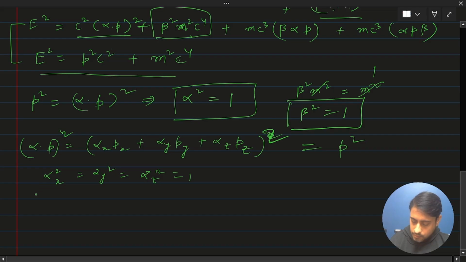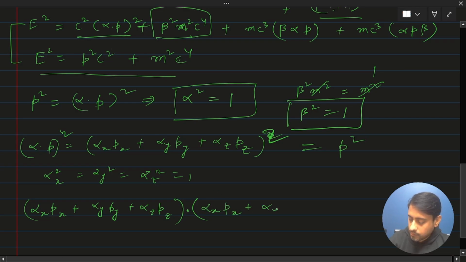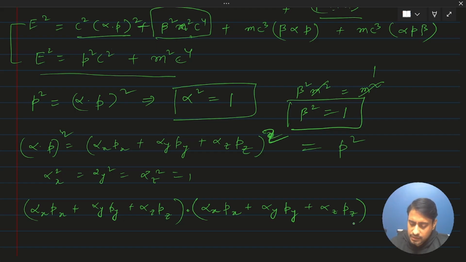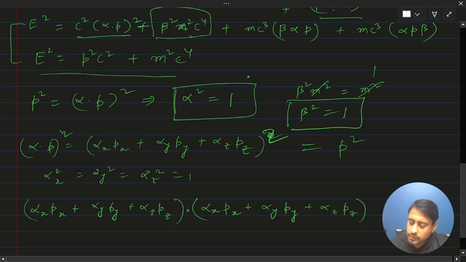To just confirm this, alpha x px plus alpha y py plus alpha z pz, to take the square of this, we have to multiply this by the term itself, alpha x px plus alpha y py plus alpha z pz. And so why can we not just get the confirmation that alpha square equals 1?